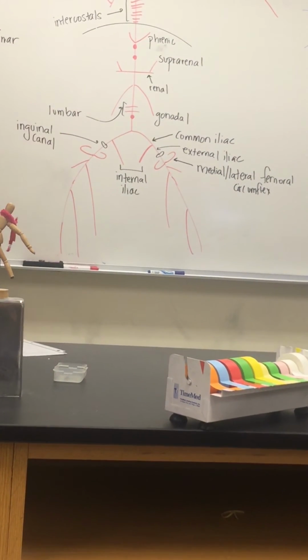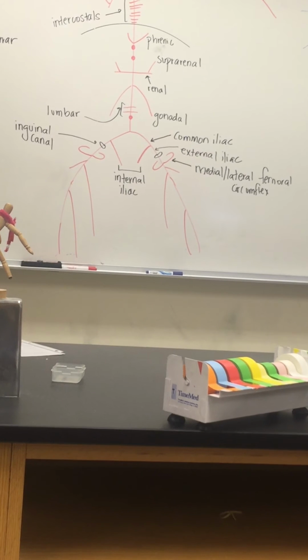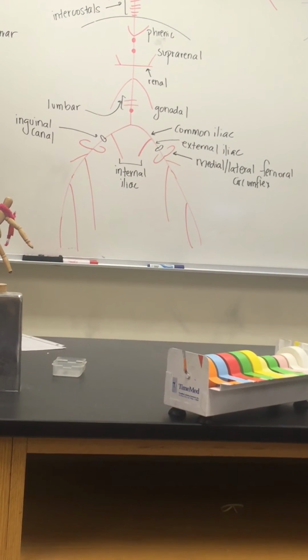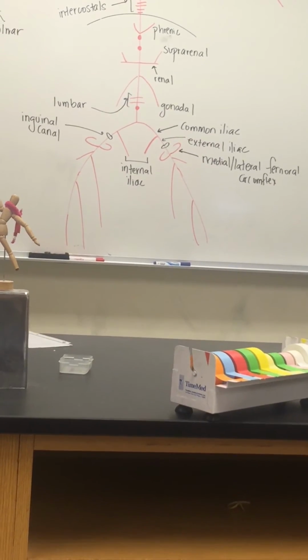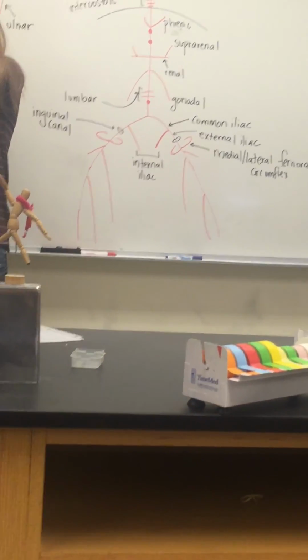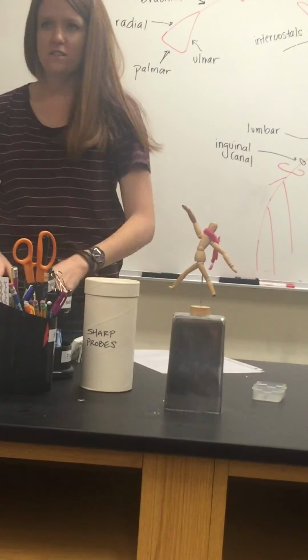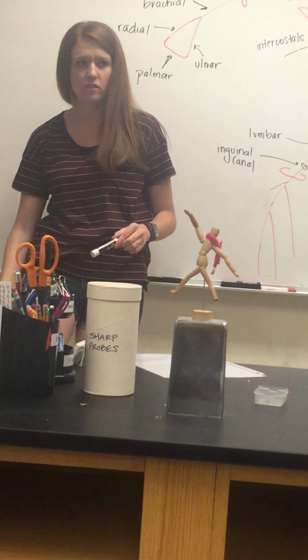Because it's going around the femur, and it's going medially and then laterally, whereas the one at your humerus is going anteriorly and posteriorly. That's why they're anterior, posterior, medial, lateral.